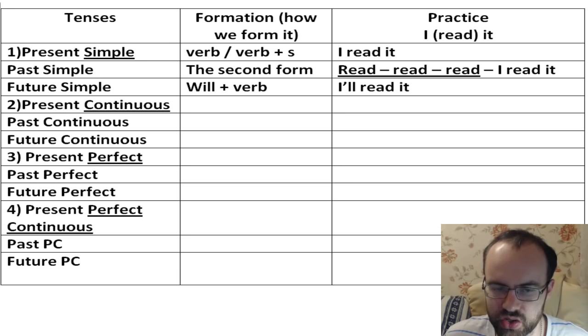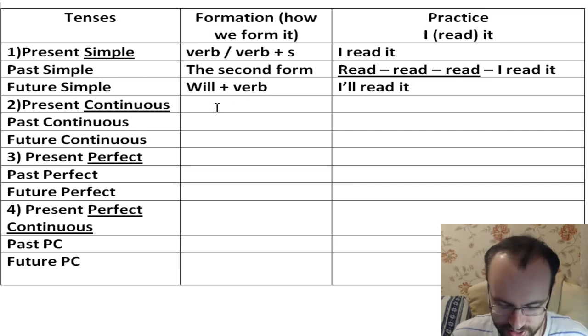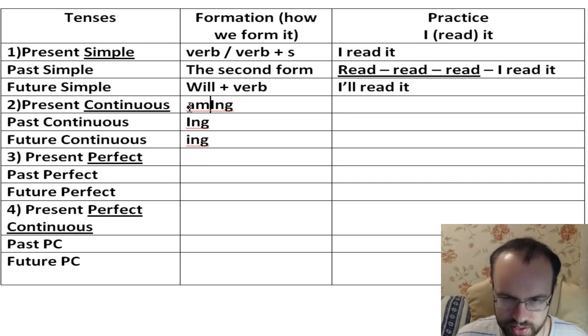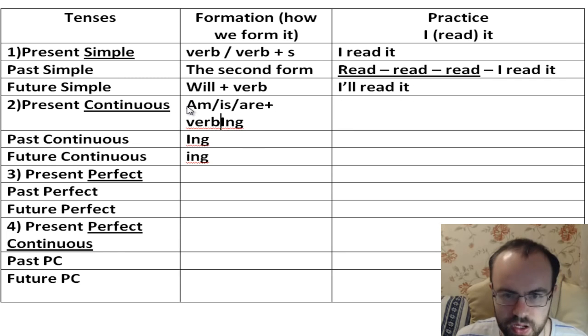Next, present continuous. When you form present continuous, you need to understand that continuous is a long action, and you need ing. So you need ing in present continuous, past continuous, and future continuous. In other words, we form it this way: am, is, are, plus verb, plus ing.